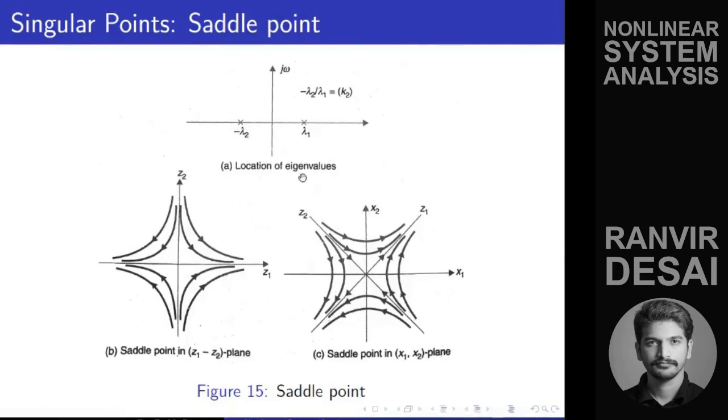You draw these three figures, ignore this minus sign. Okay, now this is saddle point. It is called a saddle point because a saddle is what you put on a horse and sit on it, so it is shaped like that. This shape is the saddle's shape.